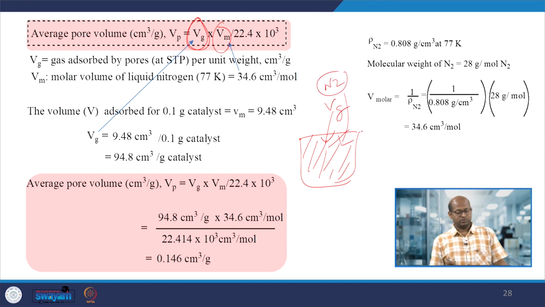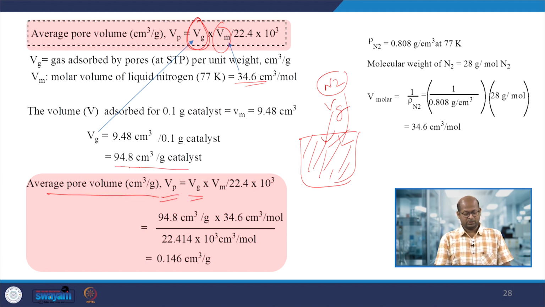So Vg is known, the molar volume we know, and then Vp, the average pore volume, we can calculate. Vg is per gram of catalyst the volume of gas adsorbed to fill the pores, and the molar volume we know.